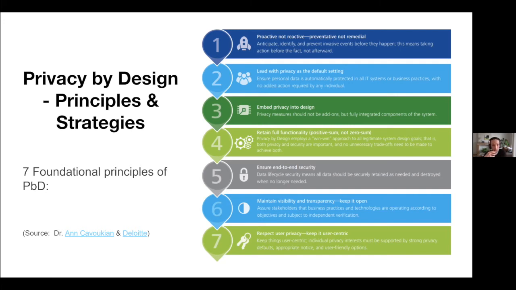We should lead with privacy as the default setting. It should be embedded in the design, and that's an interesting one, because I think the design itself goes all the way to the layer 1 protocol, because we're probably oftentimes mistaken in thinking that design of an application is equally important, it has the same value as design of the protocol.